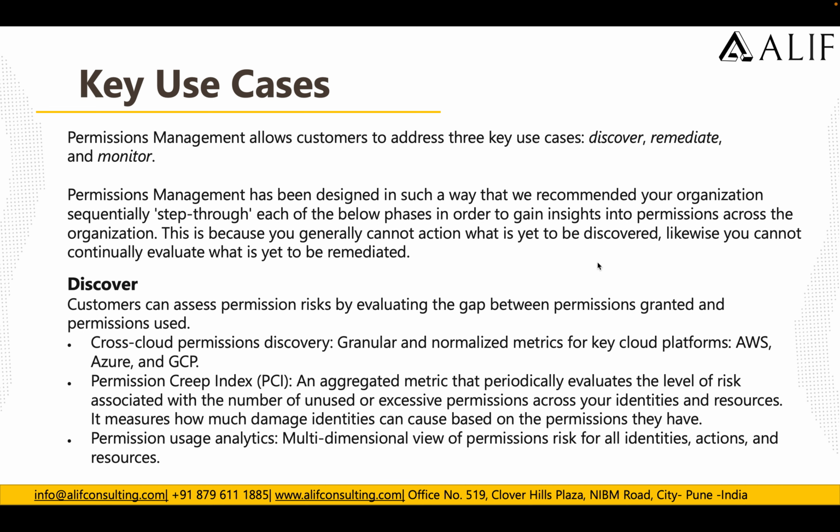So the first use case is discover. Customers can assess permission risk by evaluating the gap between permissions granted and permissions used. First, cross-cloud permission discovery. Second, the Permission Creep Index, or PCI, an aggregated metric that evaluates on a regular basis the level of risk associated with the number of unused or excessive access permissions across your identities and resources.